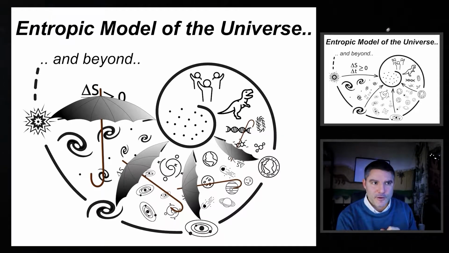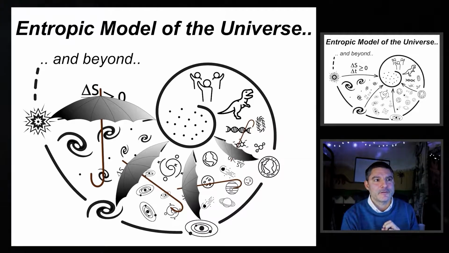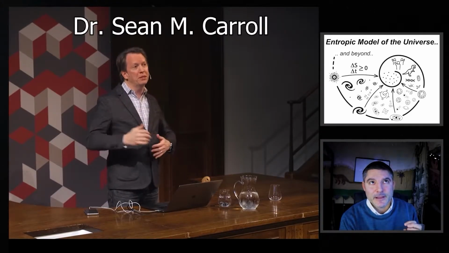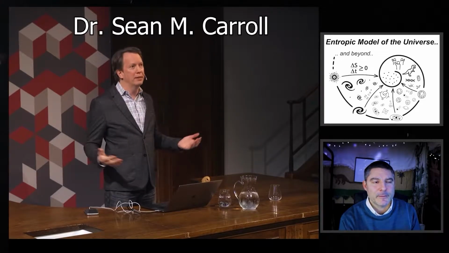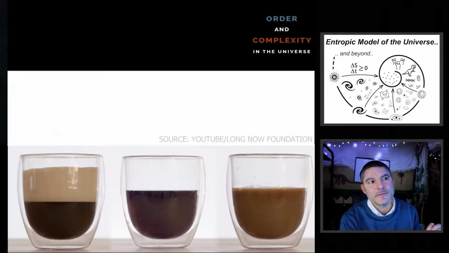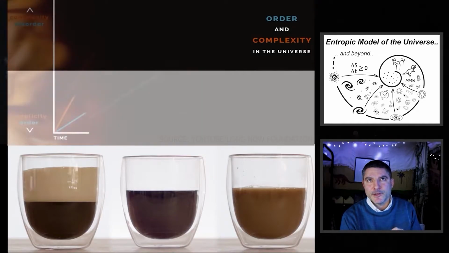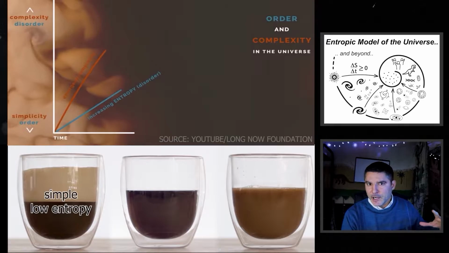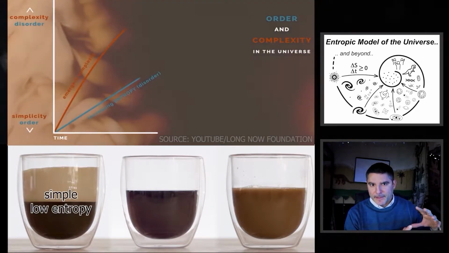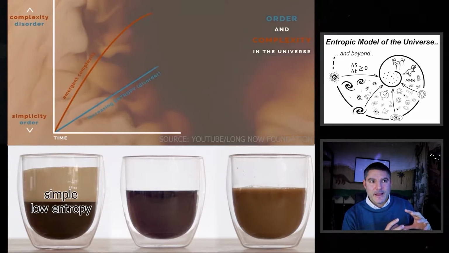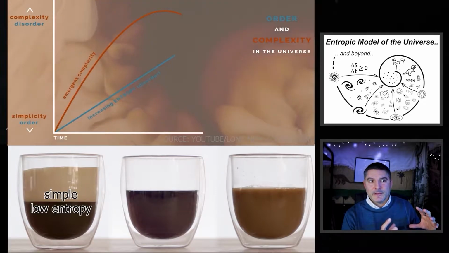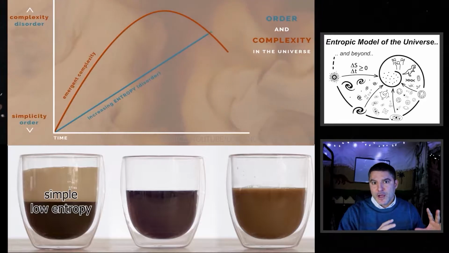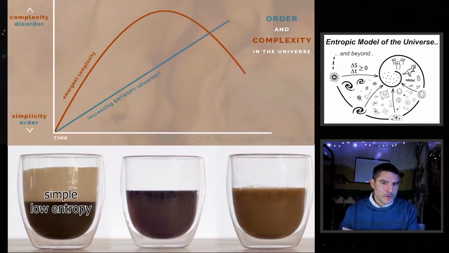The other reason for the curvature is something that I learned from Sean Carroll, that complexity and disorder are not always the same thing. So at the beginning of a system, for example, a cup of coffee, you could have a very ordered system where the cream and the coffee are separate. And the reason it's very ordered is that randomly it would be difficult to have all of these elements put together, as opposed to when they're completely stirred together.